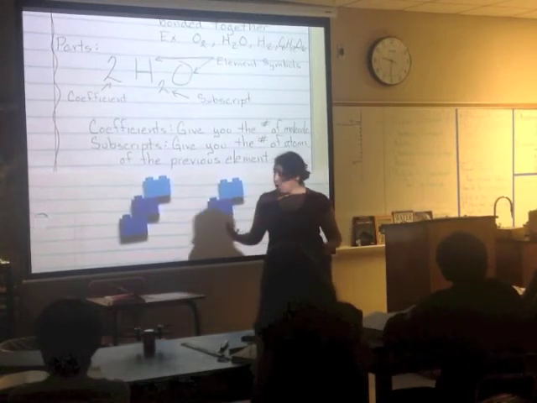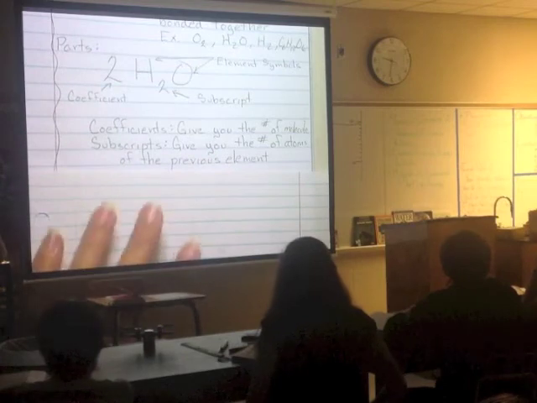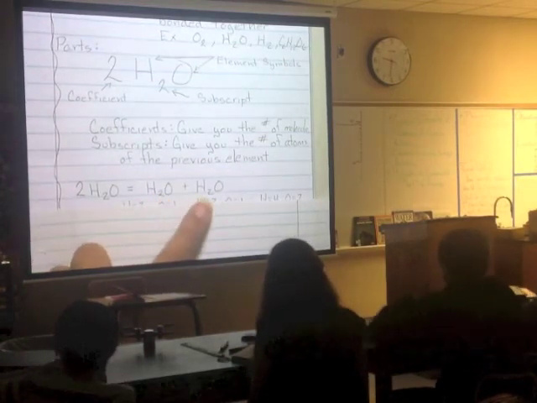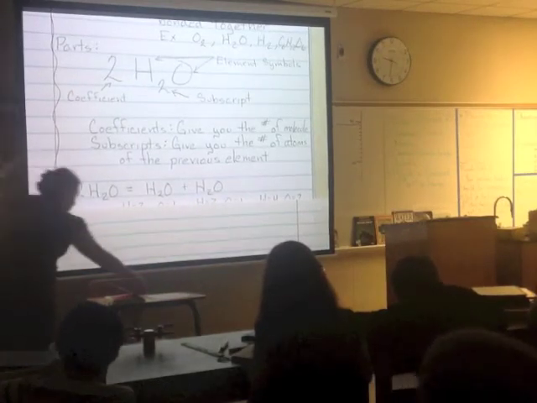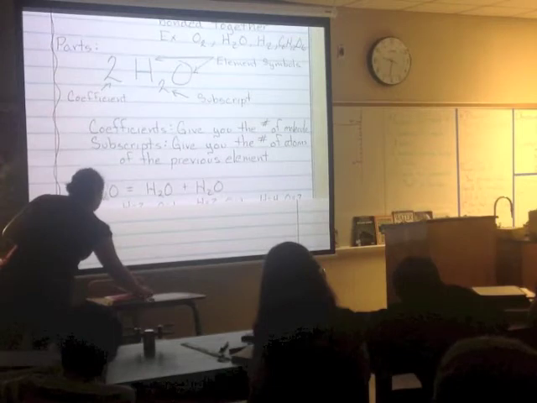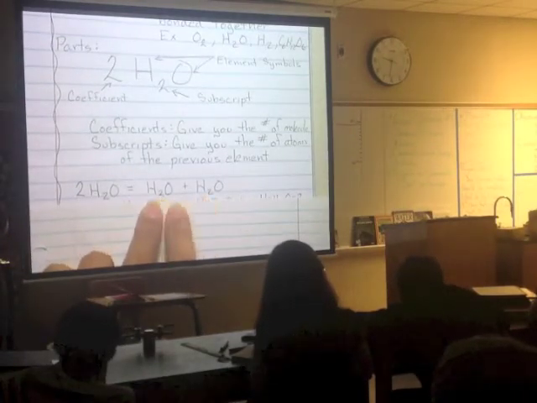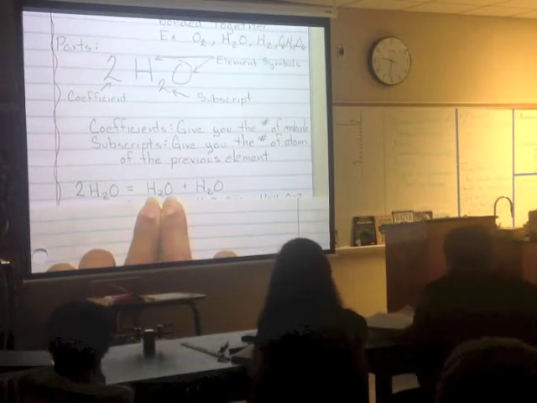Okay? So, when we look at 2H2O, what we're looking at is an H2O plus another H2O. So if we're trying to figure out how many atoms there are in 2H2O, we would look at these two separately. Looking at H, how many are there? 2 here, right?